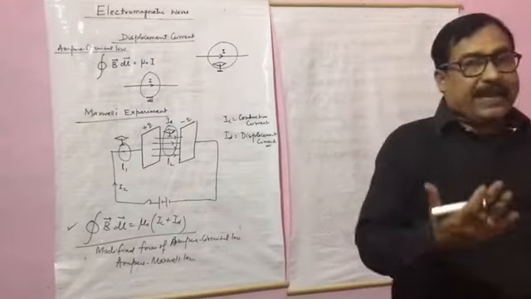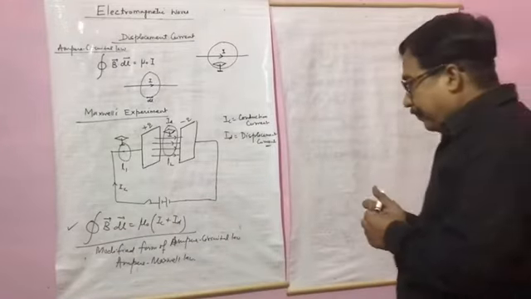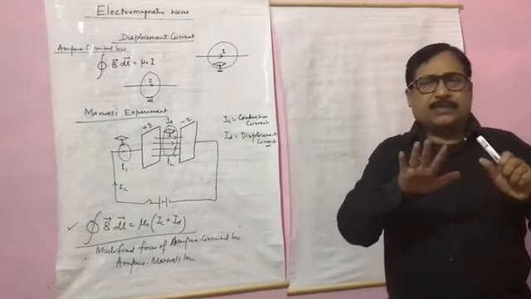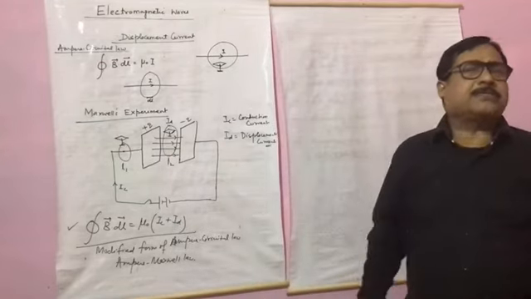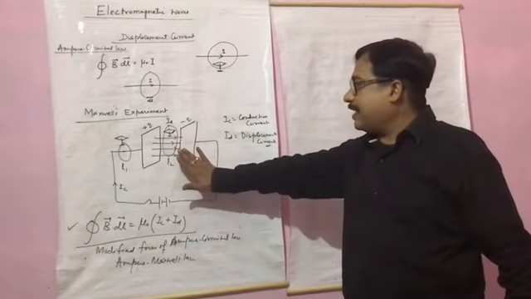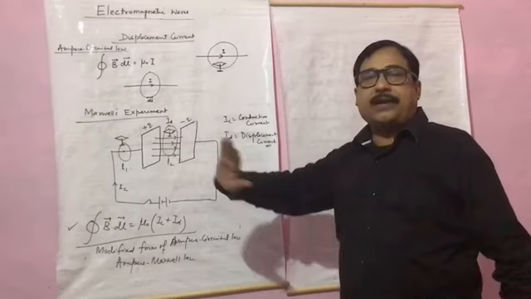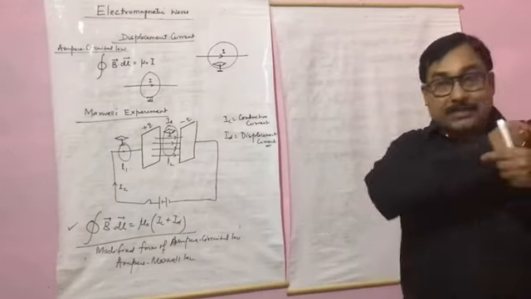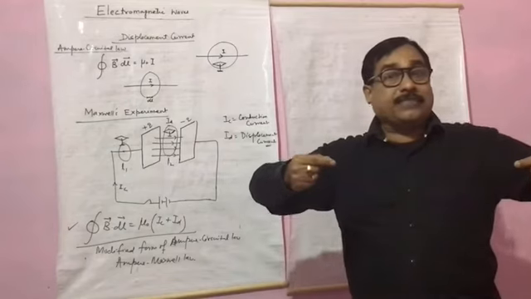Now the next aim is to know the expression for this displacement current. That concept is very much clear: a displacement current is there between the two plates, and that displacement current is responsible for the magnetic field between the two plates, where there is no physical conductor.